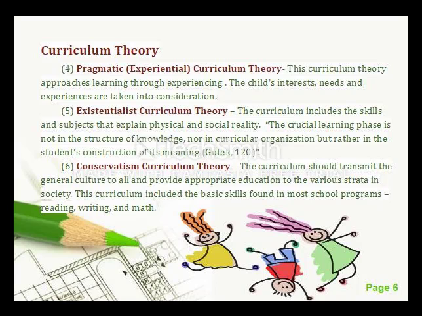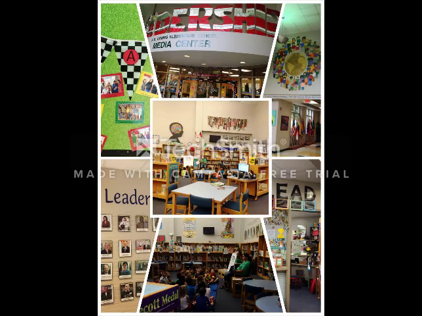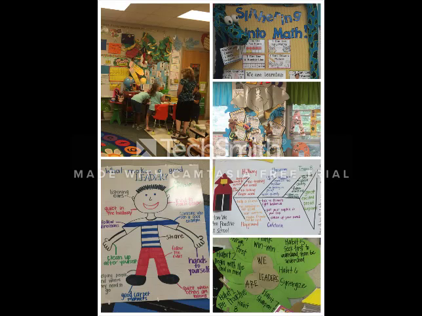Existentialist curriculum theory includes the skills and subjects that explain physical and social reality. The crucial learning phase is not in the structure of knowledge, nor in curricular organization, but rather in the student's construction of its meaning.